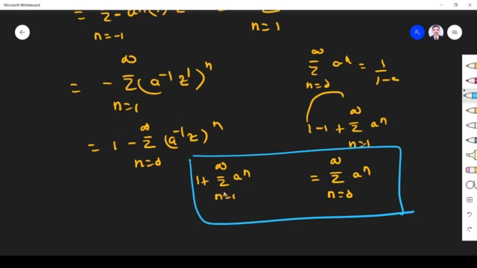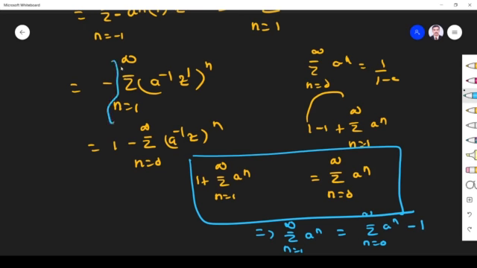1 plus summation n = 1 to infinity of a^n is summation n = 0 to infinity of a^n. So what I have, this implies summation n goes from 1 to infinity of a^n is equal to summation n goes from 0 to infinity of a^n minus 1. But here I have 1 minus 1.